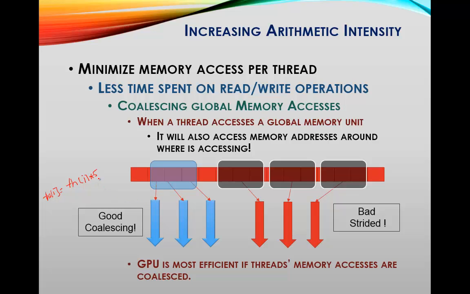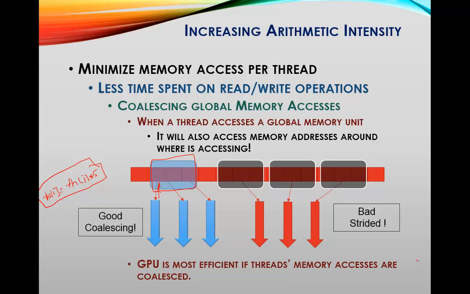This is good memory coalescing, because each thread brings in a piece of data, which means the next-door neighbor thread brings in the next-door neighbor's data. So if this thread makes the global access, it brings along the data for the next-door neighbor threads. As part of one memory access, 3 threads, in this hypothetical example, will have the data to work with. This compacts a bunch of data for neighboring threads to work on.